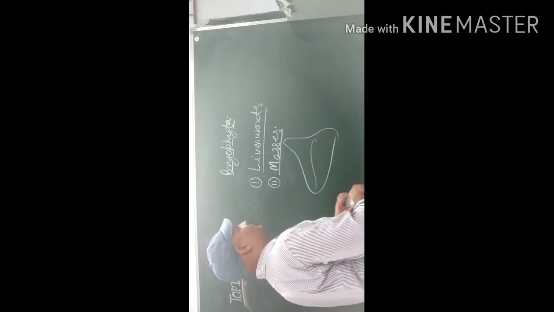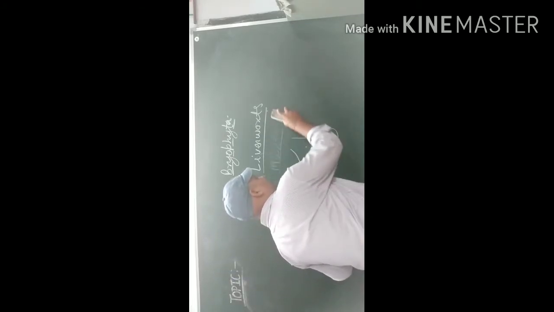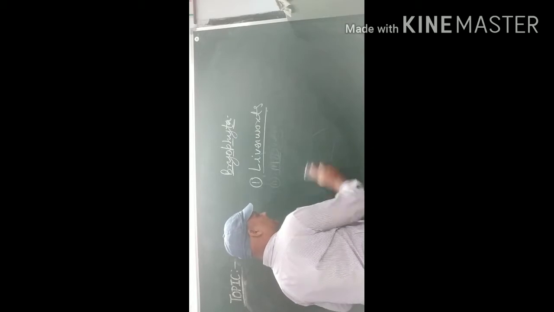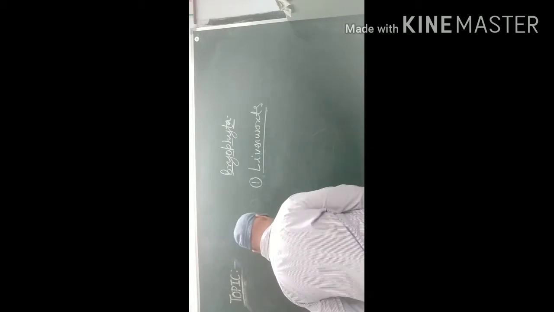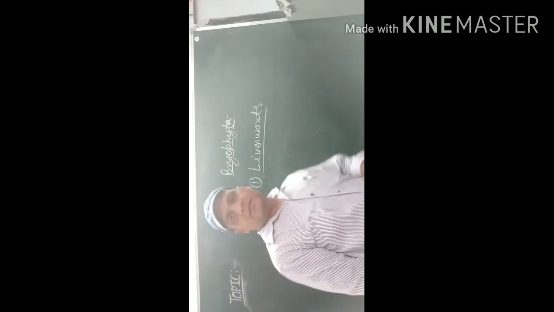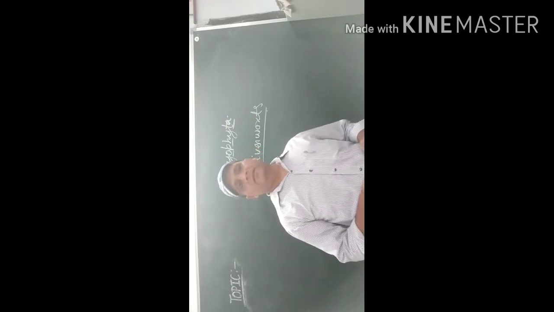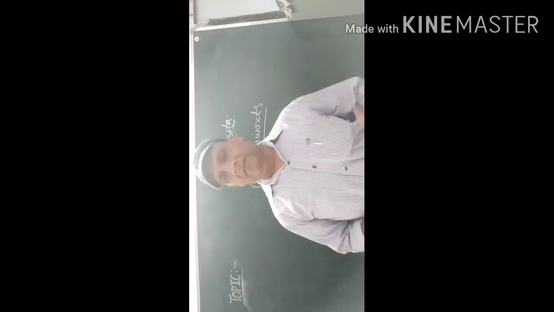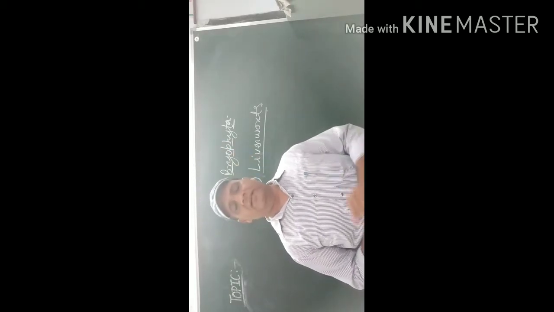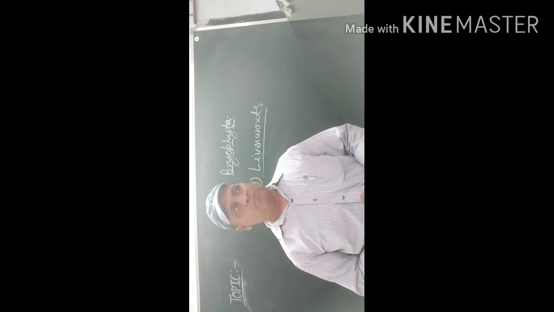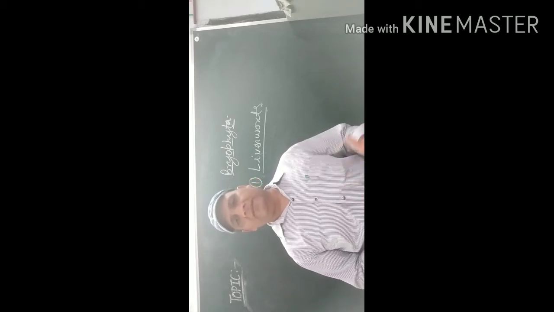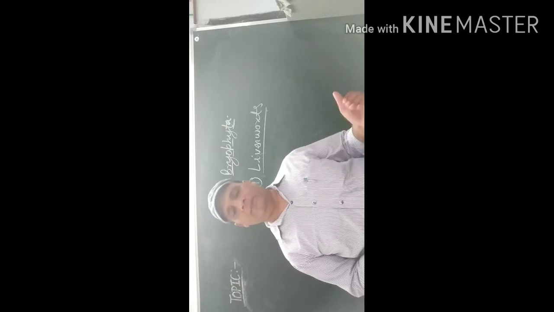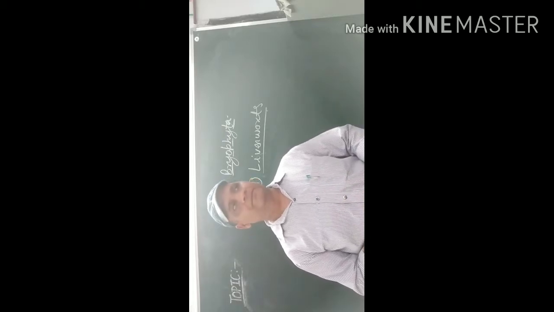First, we will look at the special features of liverworts. The liverwort plant body is thallus-like. It does not differentiate into root, stem and leaves. They are found in moist and sandy places. The life cycle is haplodiplontic.